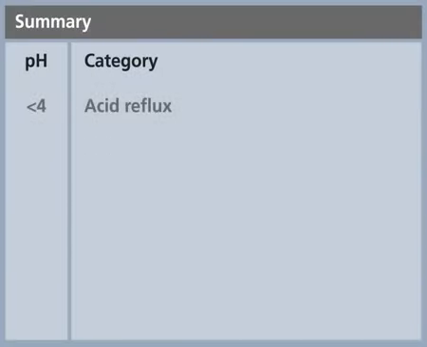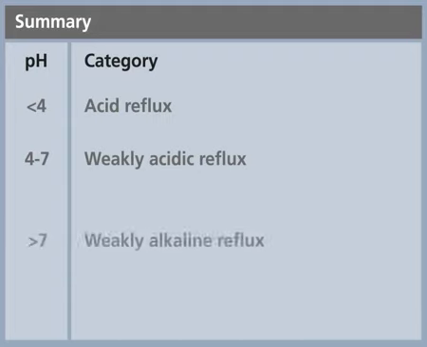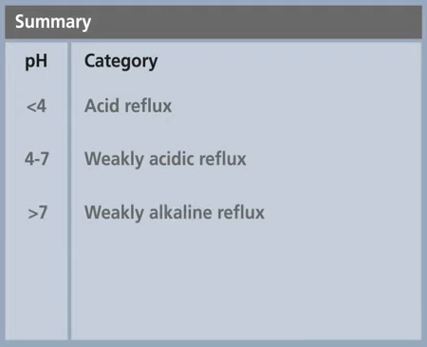A reflux with a pH below 4 is called an acid reflux. Between 4 and 7, a weakly acidic reflux, and above 7, a weakly alkaline reflux.